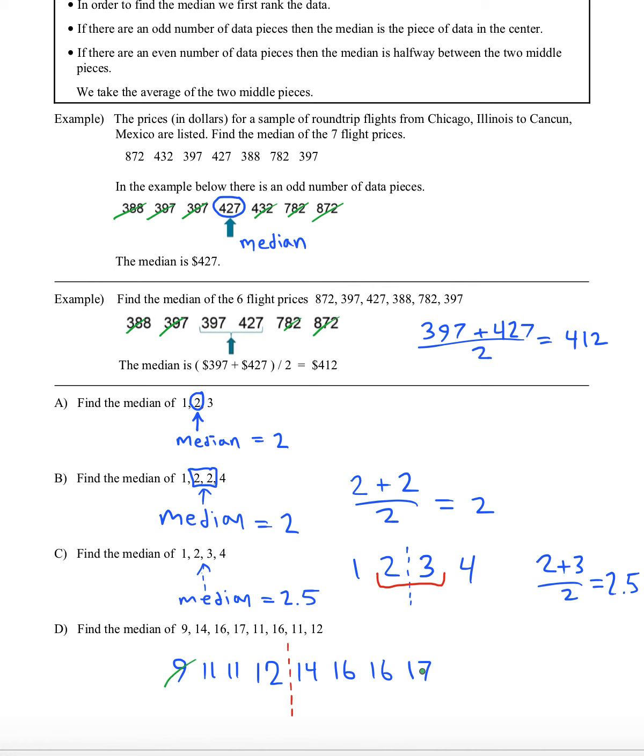We can cross off 1 on the left, 1 on the right, 1 on the left, 1 on the right, until we get to the middle. 12 and 14 are equally close to the middle, so let's just average them. And it's 13. The median is 13.